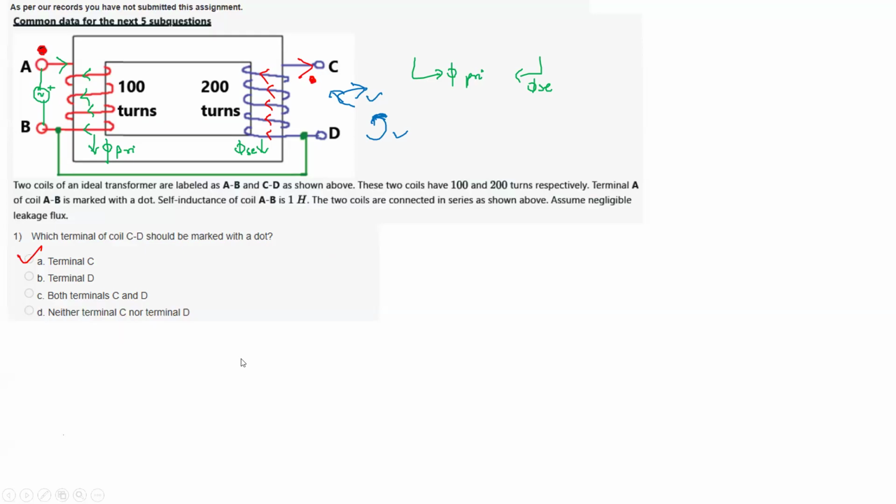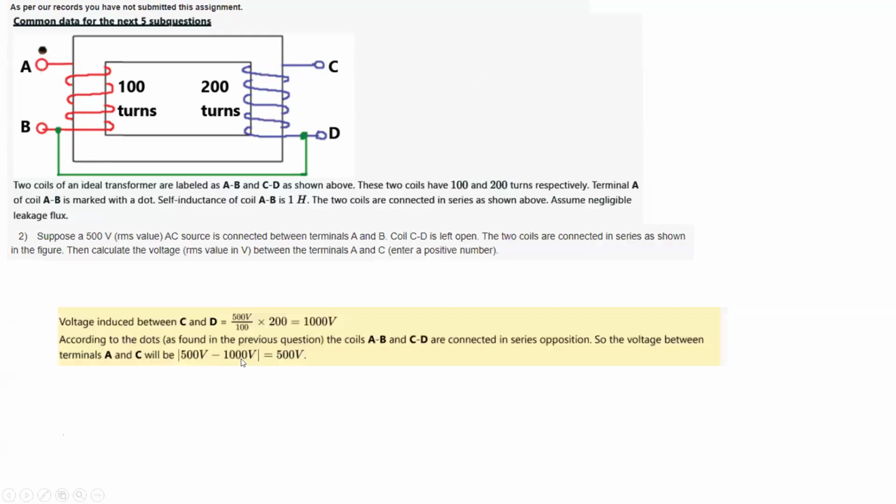Now we go to the next question. Here we are giving a voltage supply having 500 volt as the RMS value, so E1 is 500 volt. It is connected between the terminals AB, and CD is left open.